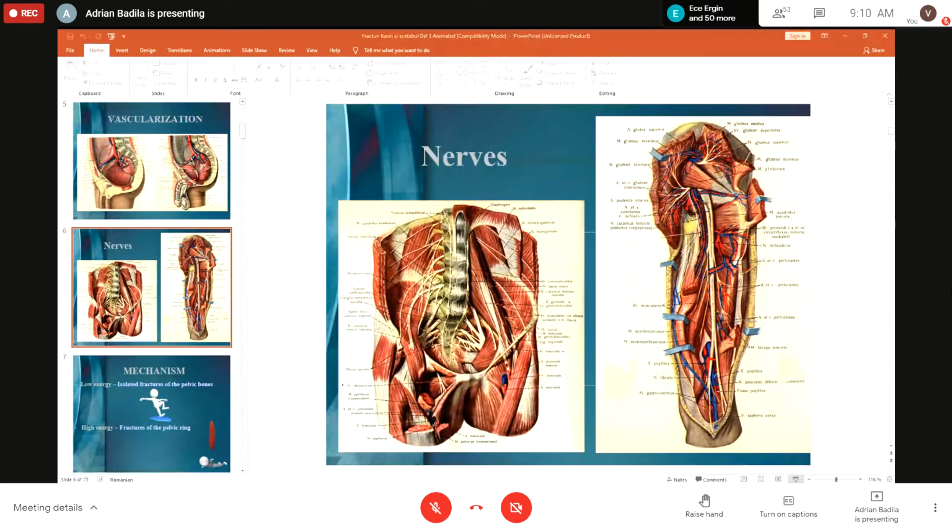The fractures of the pelvis can be produced by low energy traumas or high energy traumas. A low energy trauma will result in an isolated fracture of the pelvic bones, while the high energy trauma will lead to a fracture of the pelvic ring.